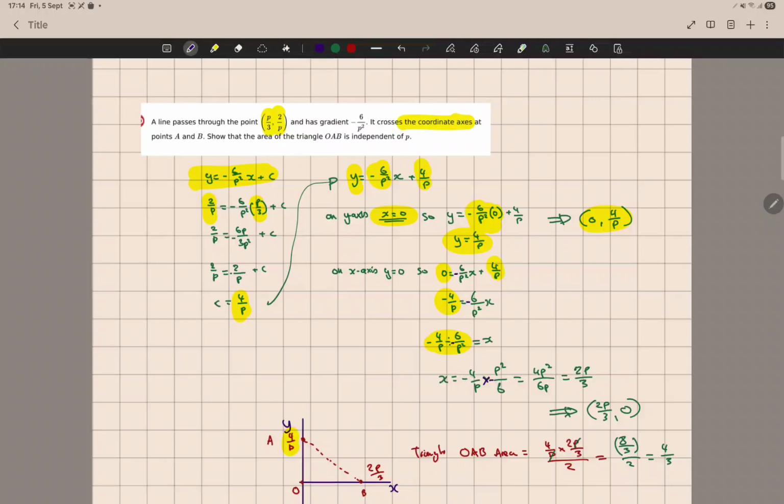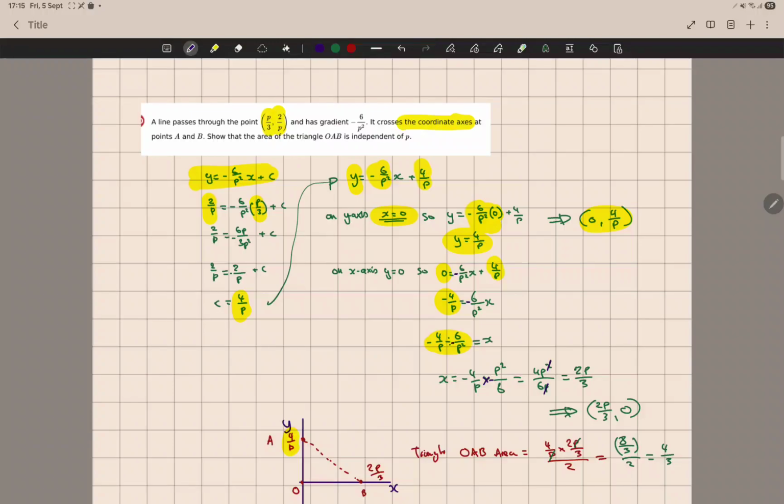So 4 times p squared is 4p squared. p times 6 is 6p. So this simplifies because that cancels with that, and they both divide by 2. I get 2p over 3. So the value at which the line crosses the x-axis is going to be 2p over 3, 0.